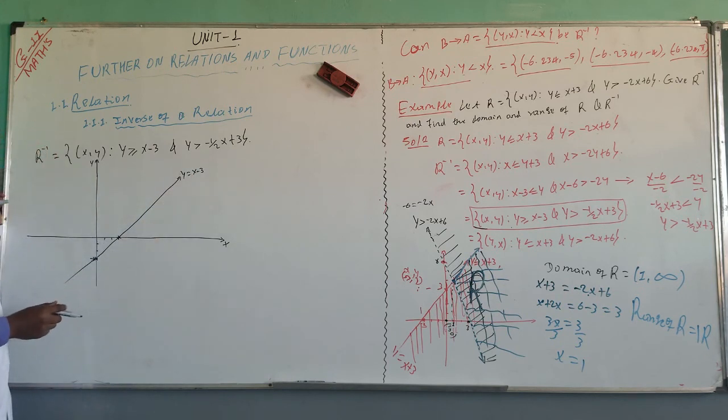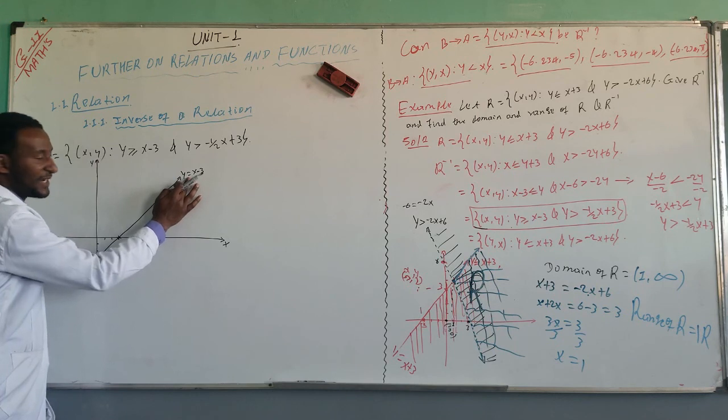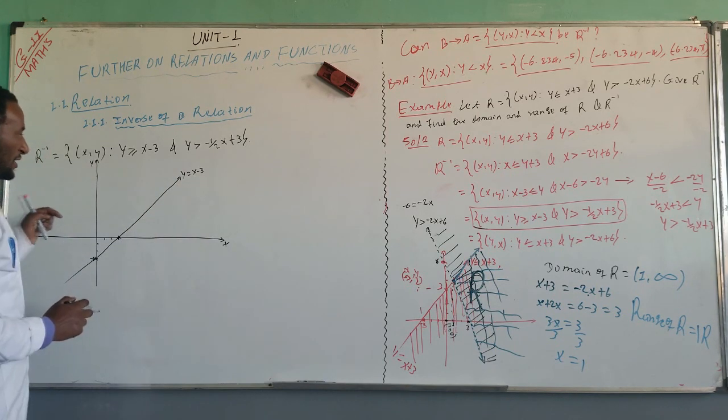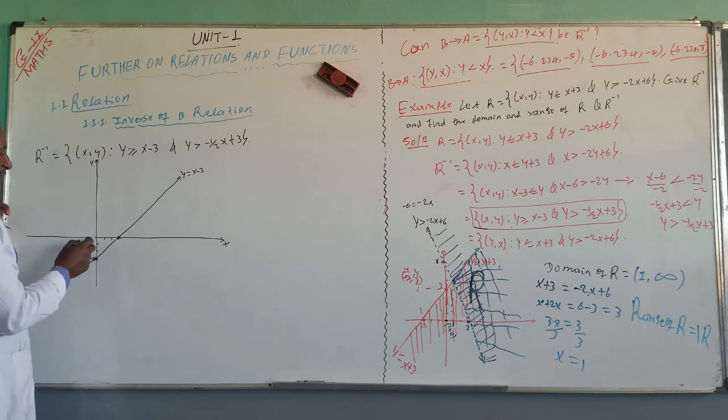Since the inequality includes equality, the line is included, and we have to shade a region. Let us take a testing point at the origin, 0, 0.